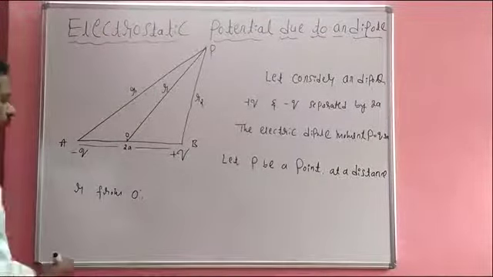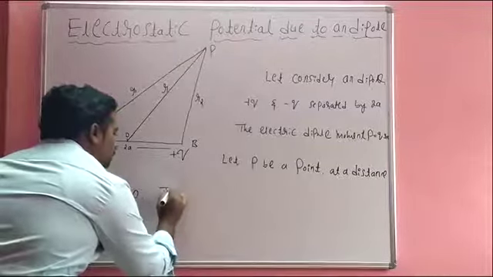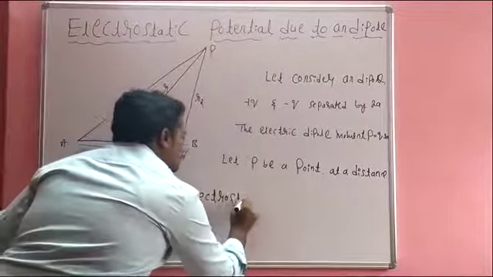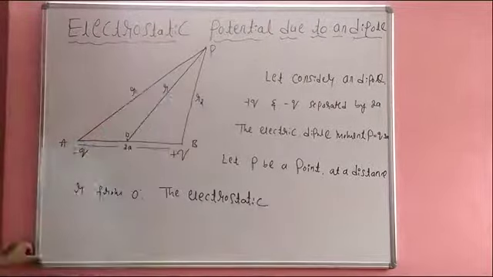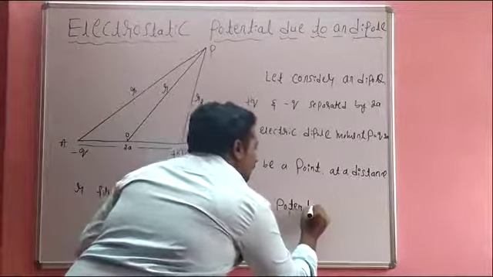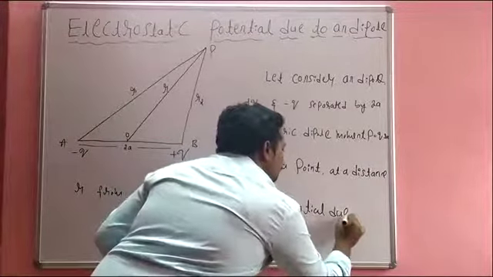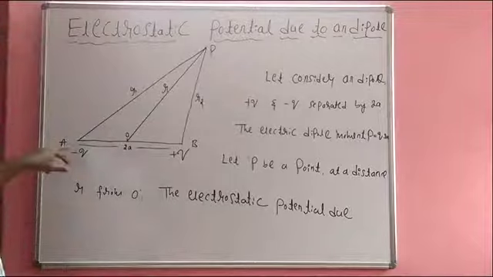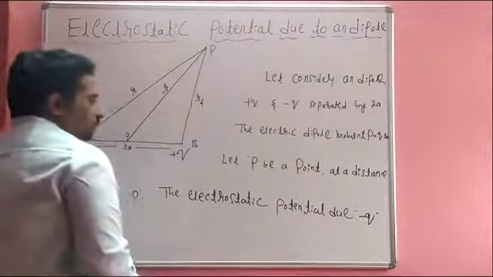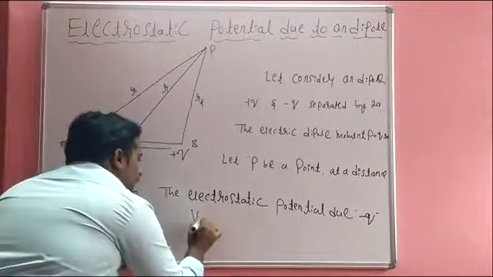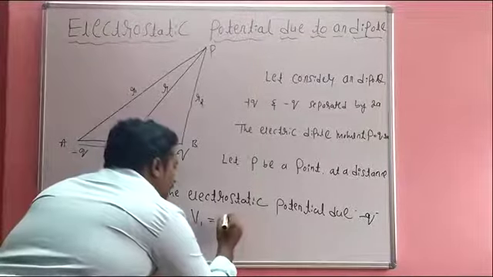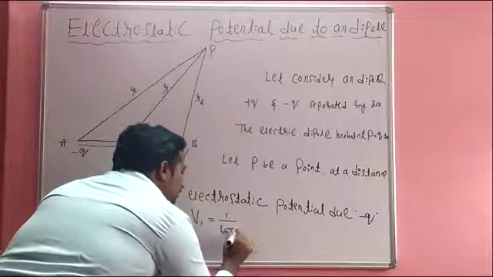The electrostatic potential due to the minus Q charge, V1, is equal to 1 divided by 4 pi epsilon naught.